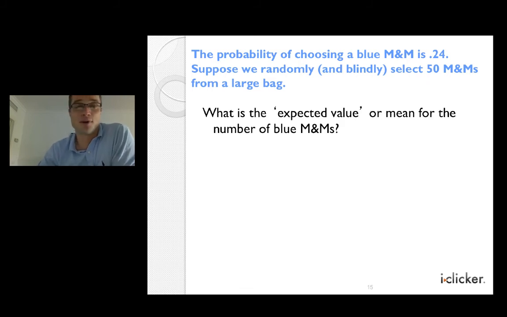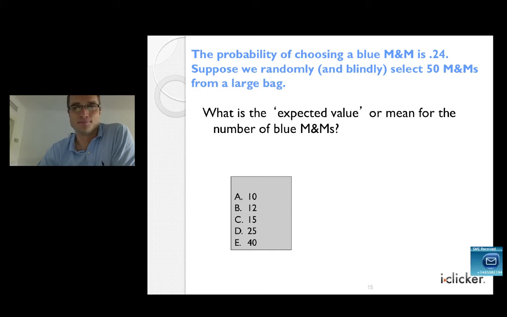First question: what's the expected number, the mean of blue M&Ms that we're going to get? This is going to be 50 times 0.24, which gives us 12. So we'd expect 12 blue M&Ms.